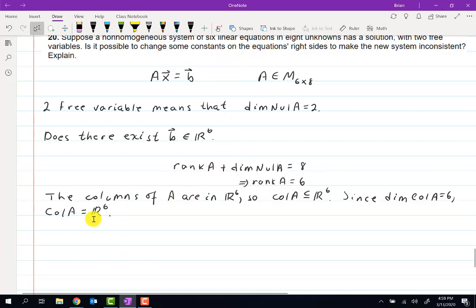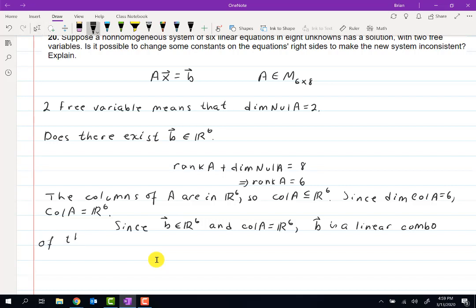Well, if the column space of A is equal to R6 and B is in R6, then B is necessarily a linear combination of the columns of A. So B is a linear combo of the columns of A, no matter what.